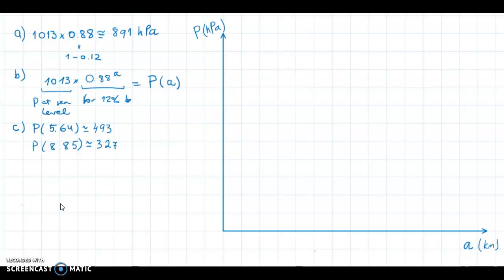Now I need to decide the scale that I'm going to use. The first thing that I have to think is, what kind of values are relevant for our graph? For A, we have values of the function when A is equal to 0 kilometers, that's sea level, then when it's 1, when it's 5.64, and when it's 8.85.